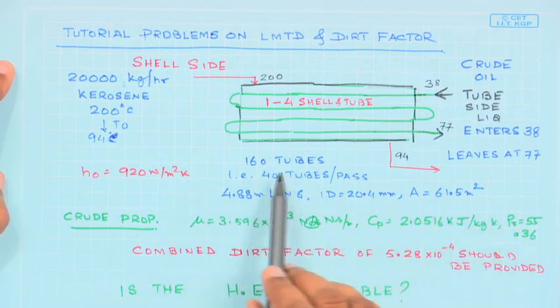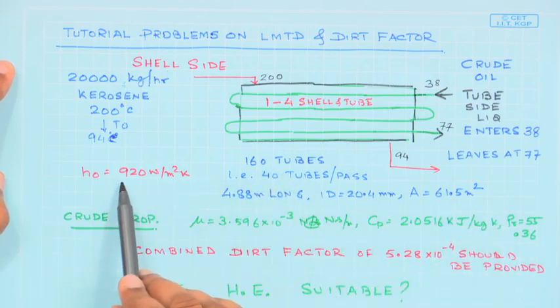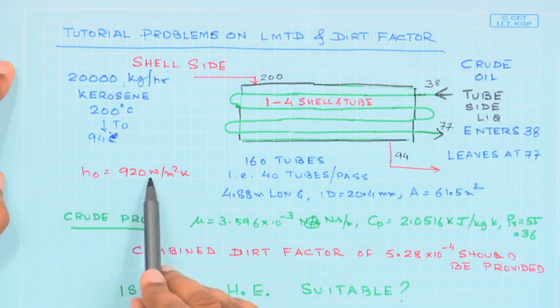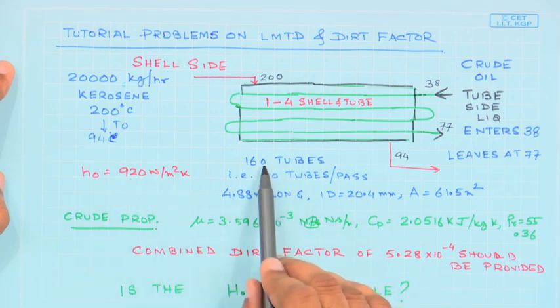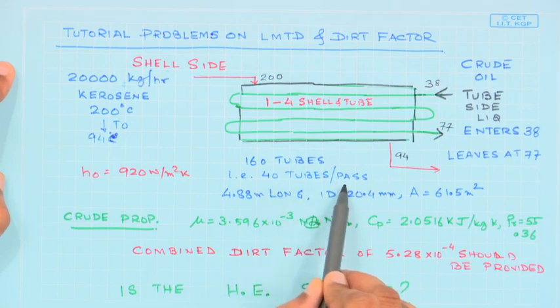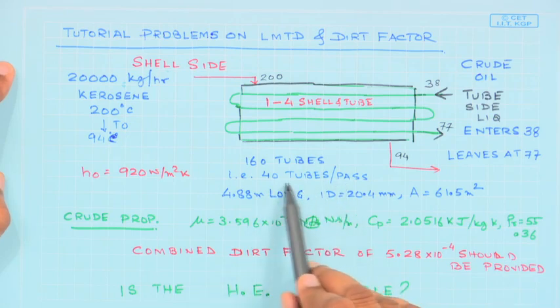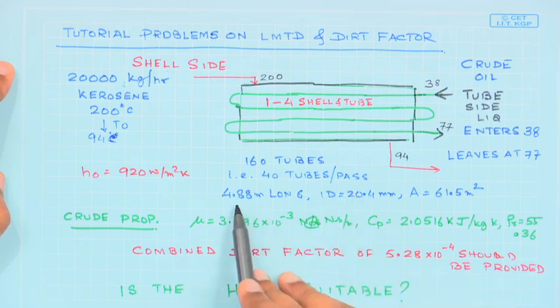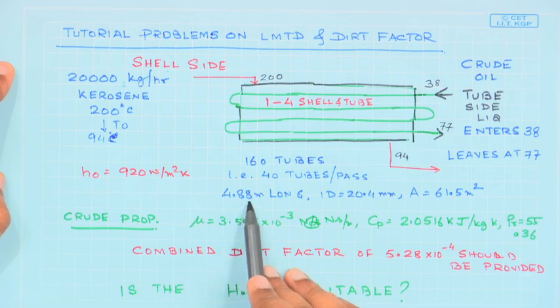It has been mentioned that the heat transfer coefficient on the shell side, h suffix o, is 920 watt per meter square Kelvin. There are a total of 160 tubes, that means 40 tubes per pass. That is the number of tubes per pass which is present in the shell and tube heat exchanger. The tubes are 4.88 meter long.